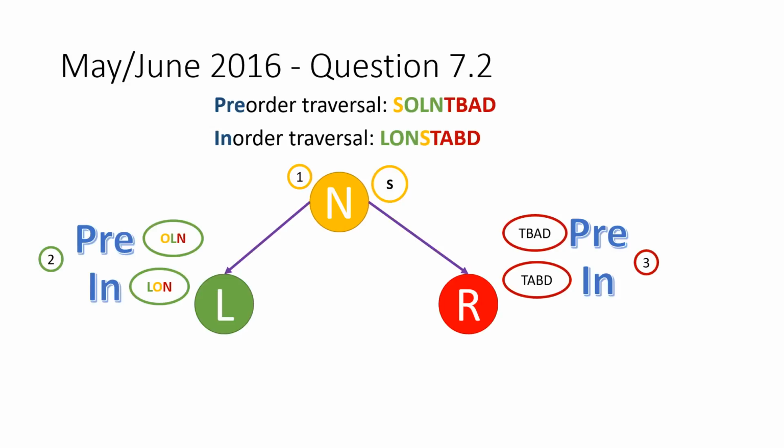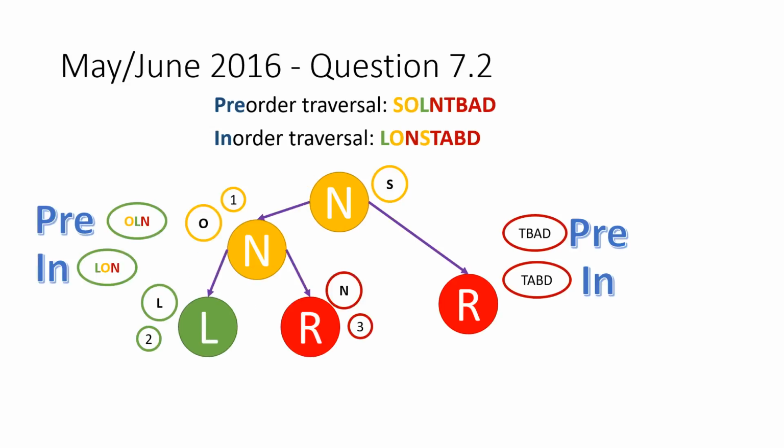After that, we can now break down on the left-hand side. I'm taking the left-hand side first, and so we can now find what is the root node between the OLN and LON. And as we know, on the pre side, the first character should always be the root node, and on the in side it should be in the middle.